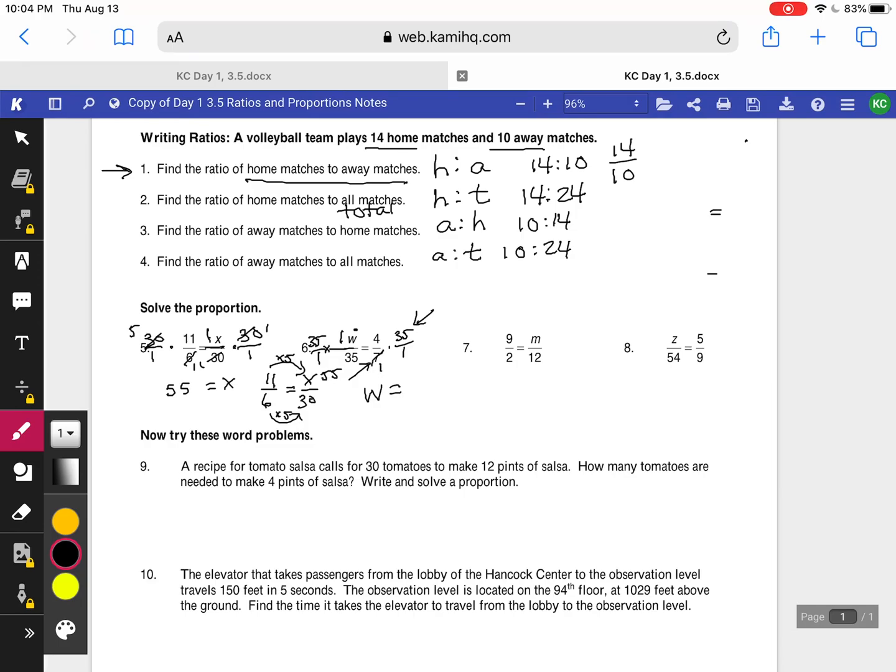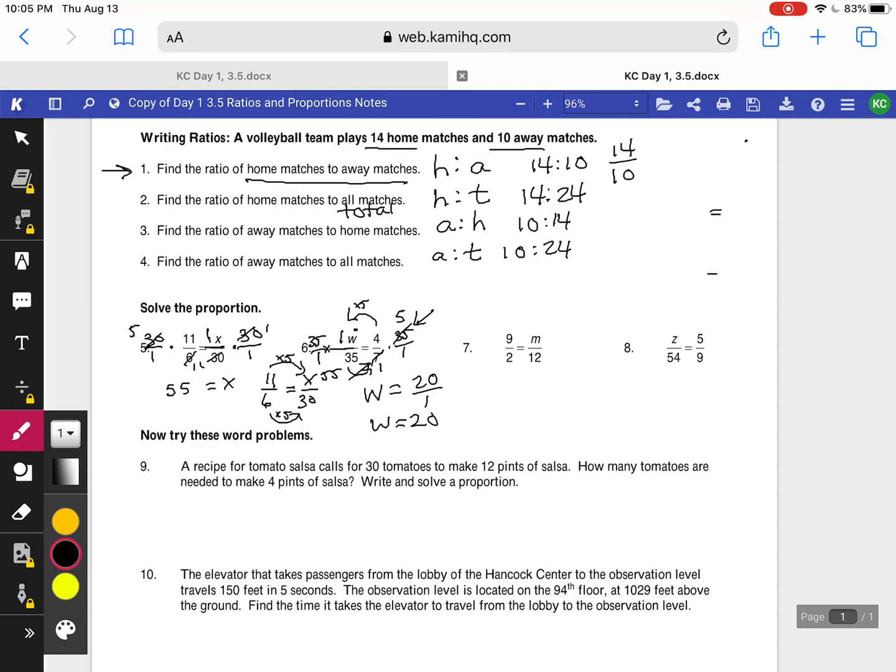There's 1 7 in 7, 5 7s in 35, and 4 times 5 is 20 over 1, or W is 20. Again, you might also look at this and realize 35 divided by 5 is 7, and the inverse of division is multiplying by 5, so 4 times 5 is 20.